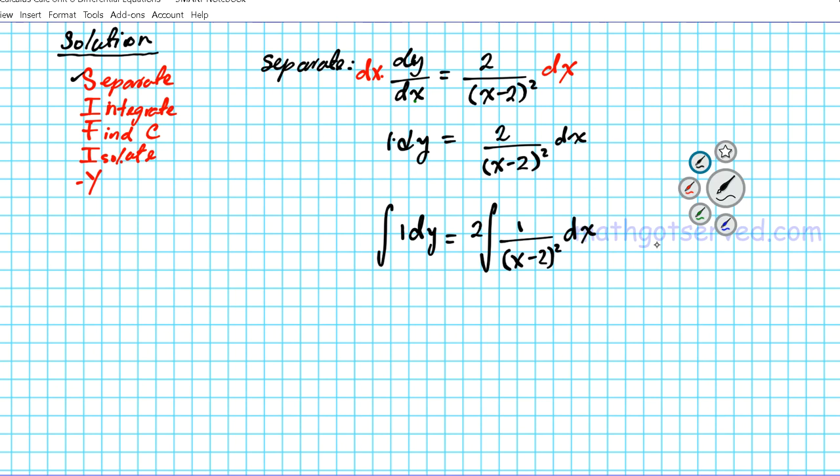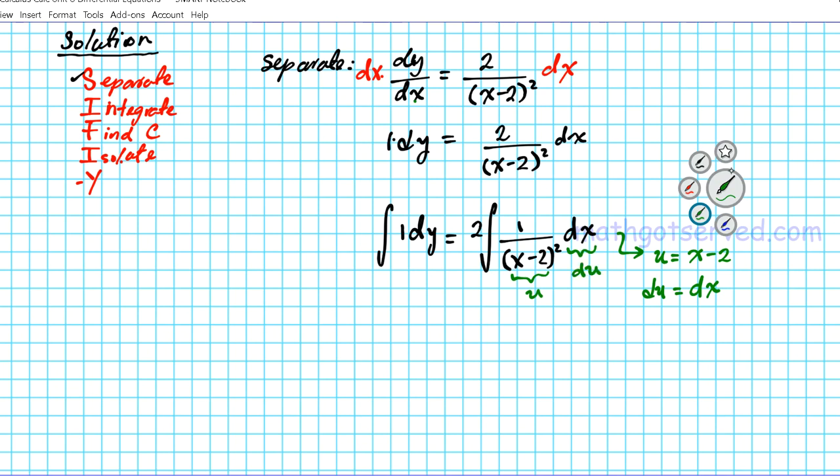So how are we going to do that? From here, u is going to be the inner function, which is x minus 2. And then du, differentiating both sides, is just dx. So this is a perfect substitution because we can just replace the inner function, x minus 2, with u, and dx can be substituted with du.